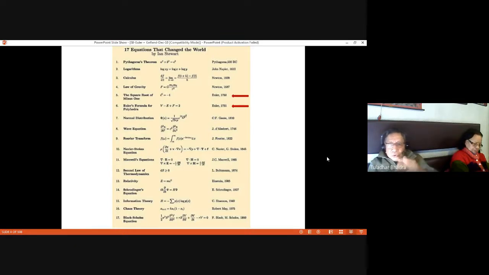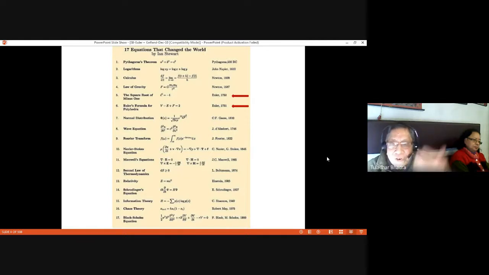Of the 17, only Euler has been mentioned 2 times here, others 1 time. And it goes up through the 18th century, then comes the 19th century, 20th century.